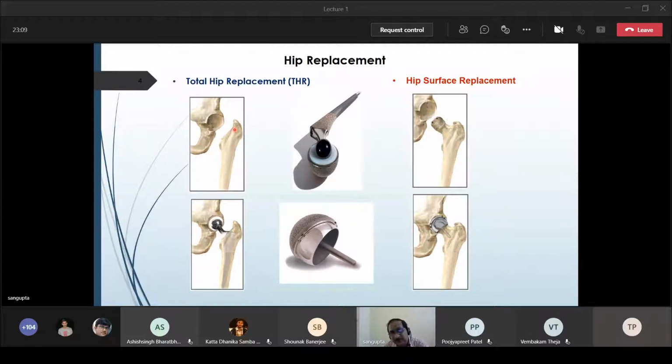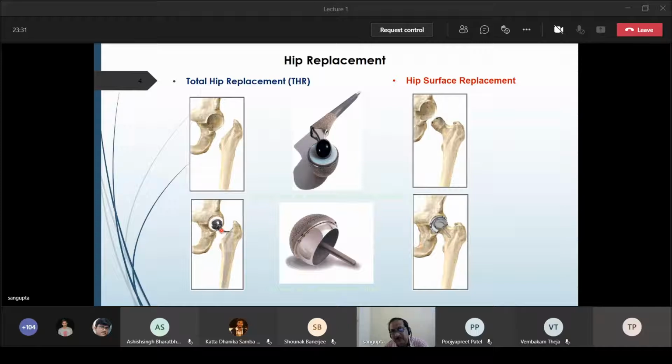Just pay attention to the figure on the left. From just below the neck, the whole bony part up to the femur head has been resected and thrown away. Okay, and the implant is inserted, as you can see here.